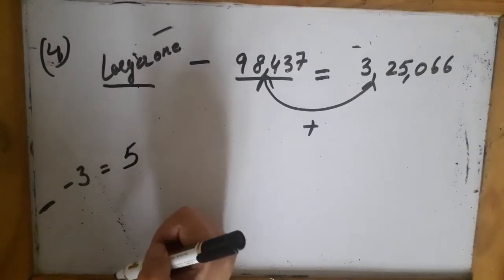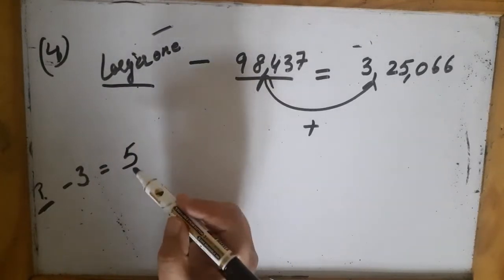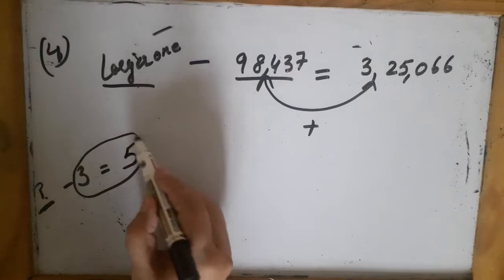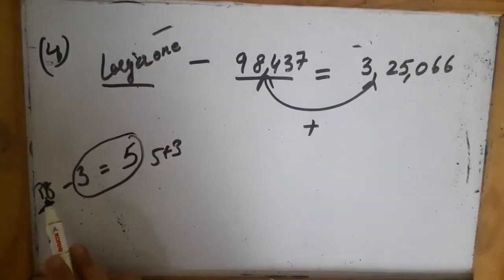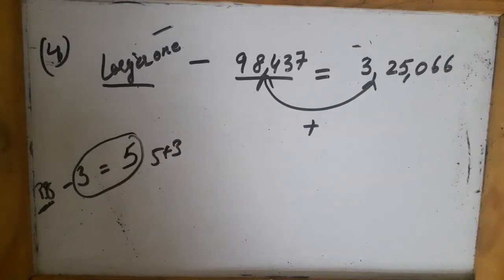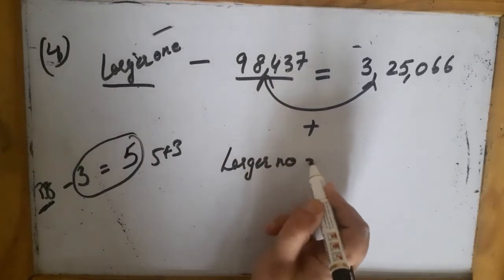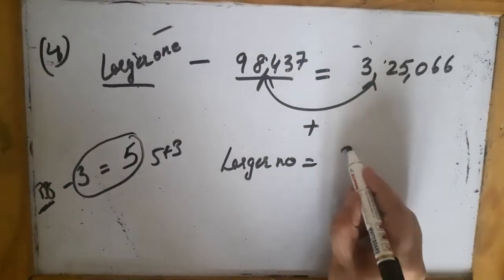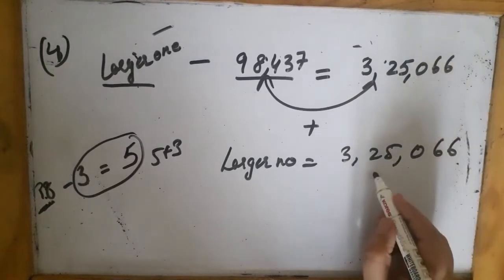If the smaller number is 3, what will be the greater number? So what you will do, you will add both of them. 5 plus 3, 8. So if you put 8 over here, 8 minus 3 will become 5. So what we will do in this question, in order to find the larger number, I will add both these numbers, then I will get the larger number.